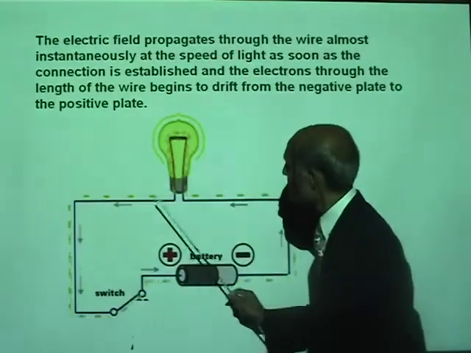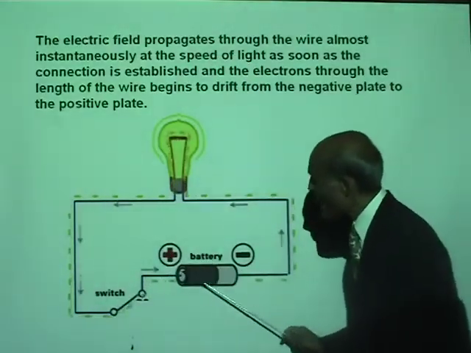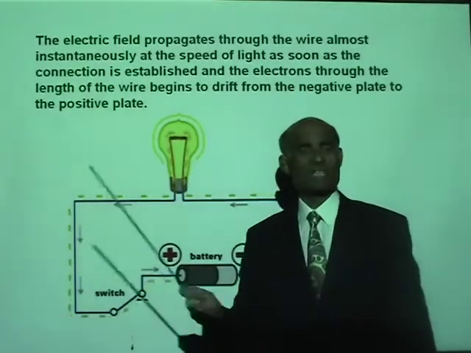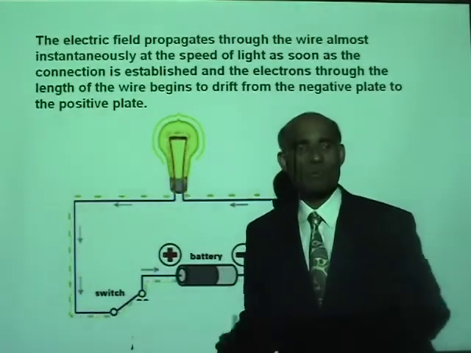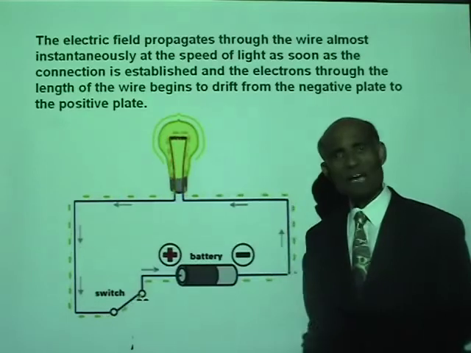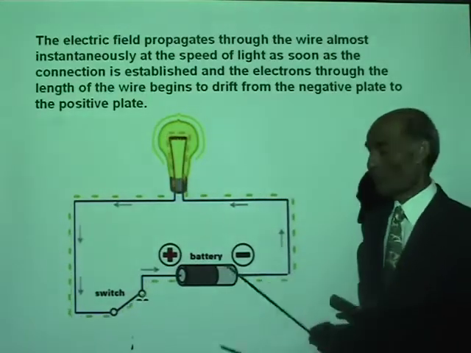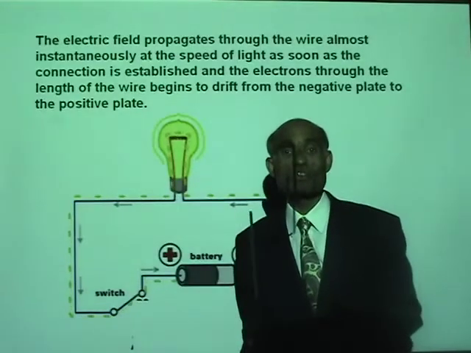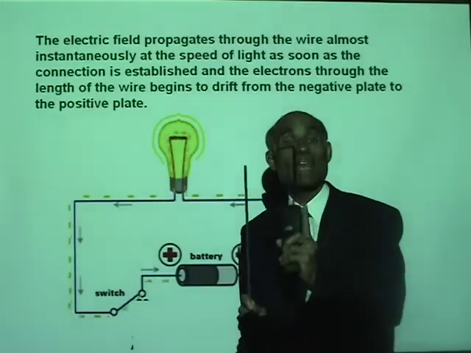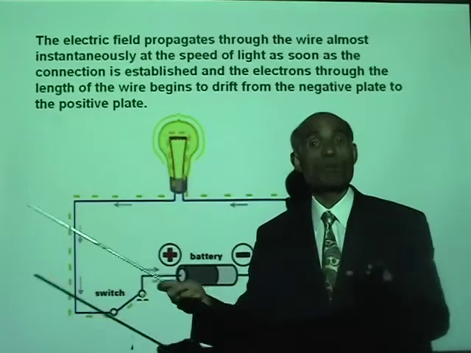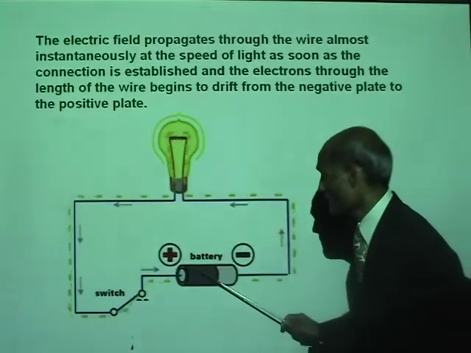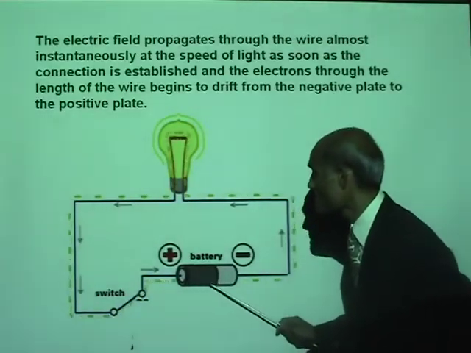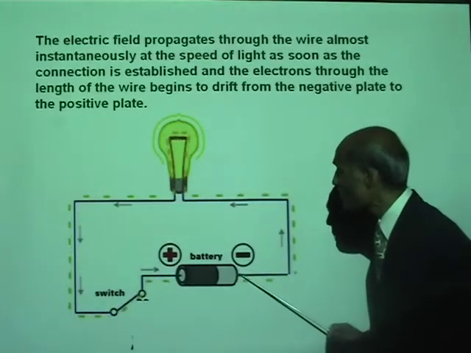Now here I have another illustration. This is a battery. What I showed you just now is actually the principle of a battery. A battery is a device which builds and maintains a potential difference between two electrodes, between two metal plates. Now here, there is a positive metal plate and a negative metal plate.